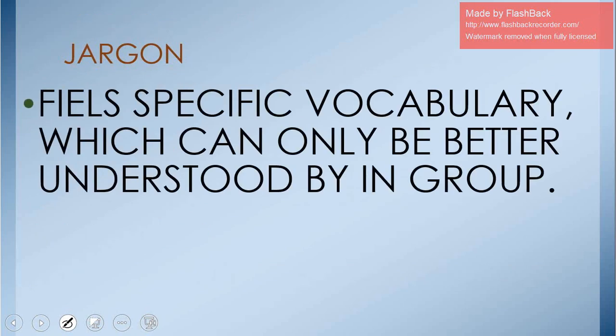Jargon. Okay, jargon means field specific vocabulary which can only be understood by the in-group. For example, an engineer cannot understand the vocabulary from the medical field, and a medical doctor cannot understand the vocabulary of a scientist who is an astronaut or someone like that, because every field, every study has its own vocabulary terms, its own language system that is usually understood by the in-group only.